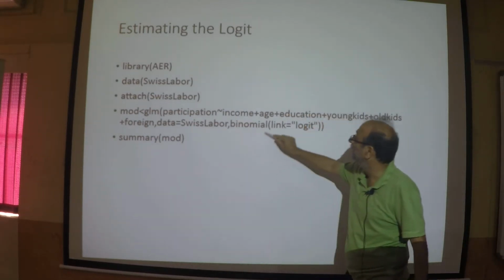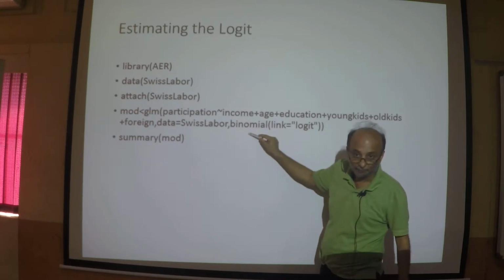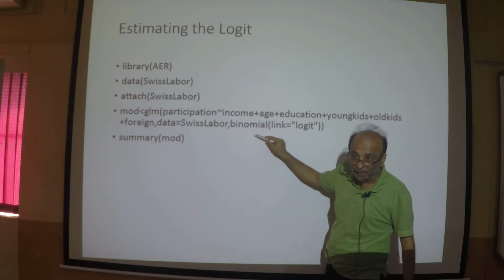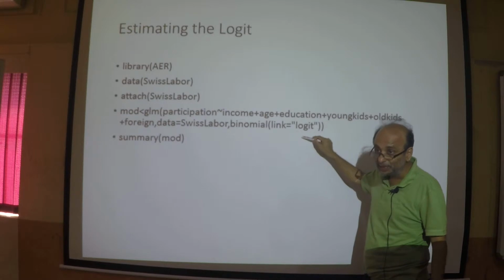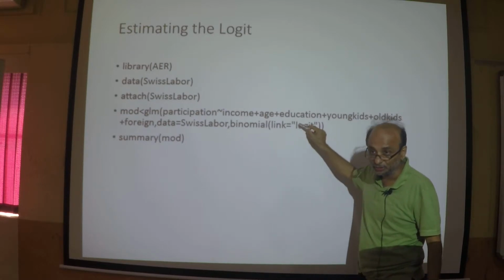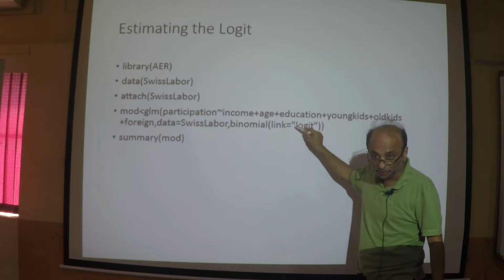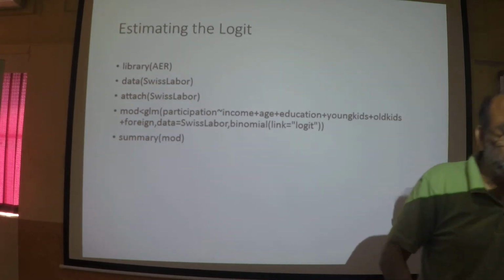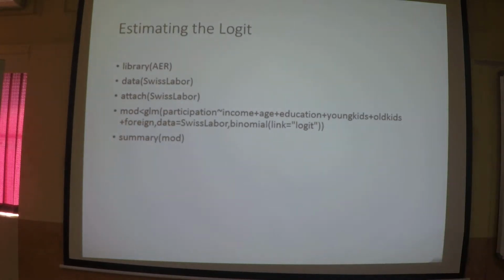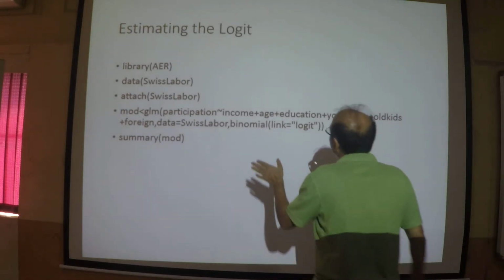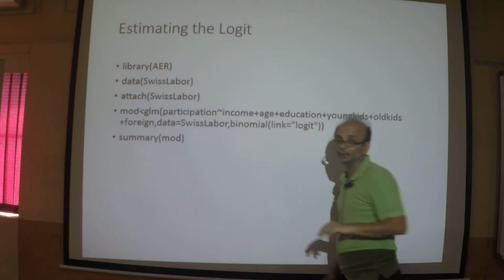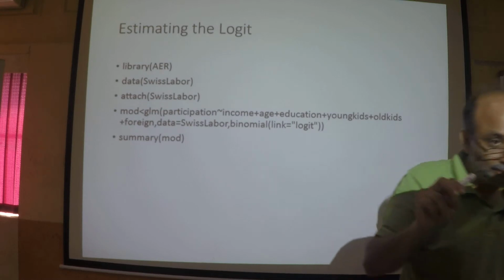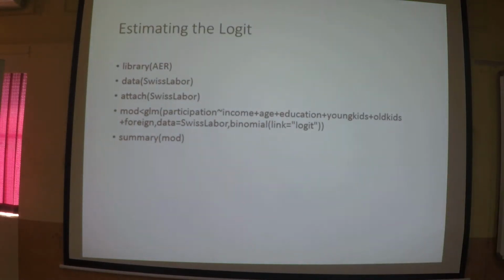I have to tell it that the y variable is binomial. And then I have to tell the computer that the f of x dash beta function is the logistic function, so the link has to be logit. If I want to do a probit model, what would I do? This will continue to be binomial, but the link would be probit.